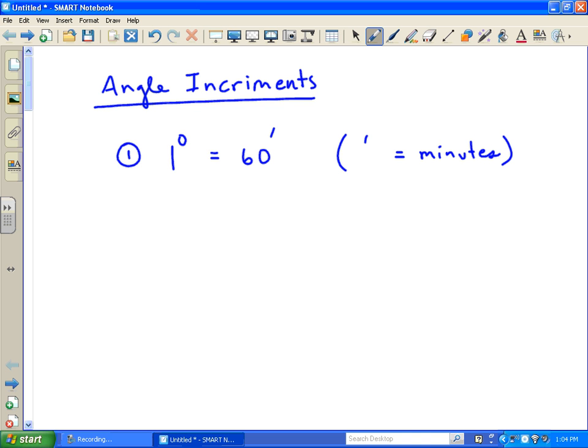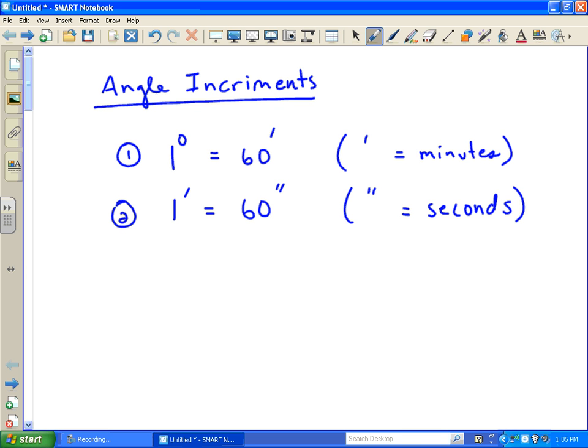The next conversion, we can break 1 minute down into 60 equal-sized smaller units. And so 1 minute becomes 60 seconds. We use 2 dashes to note when we need to talk about seconds.